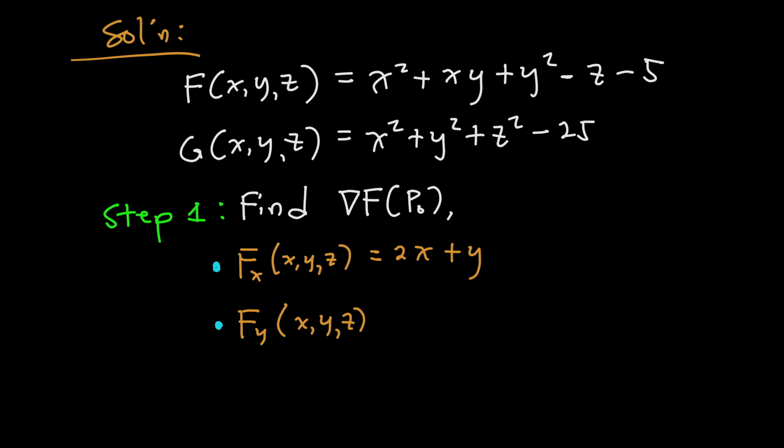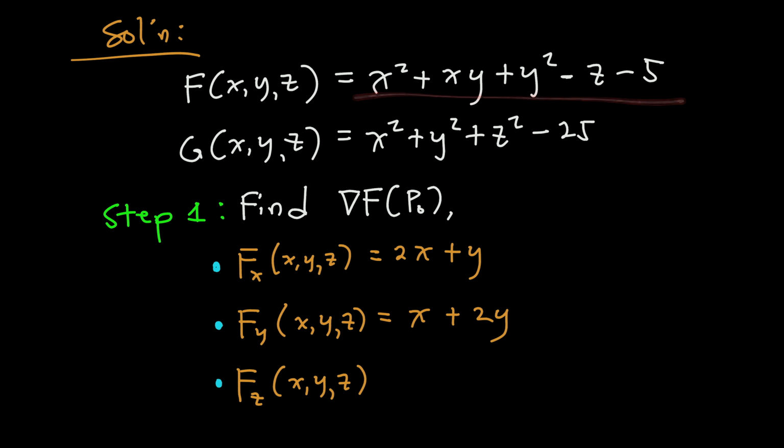For the partial of f with respect to y, this one reduces to 0, this one gives you x, this one gives you 2y, and this value derives to 0. So that's why you will have this one for f sub y. And for f sub z, deriving this one gives us negative 1, since all of these terms vanish when derived with respect to z.